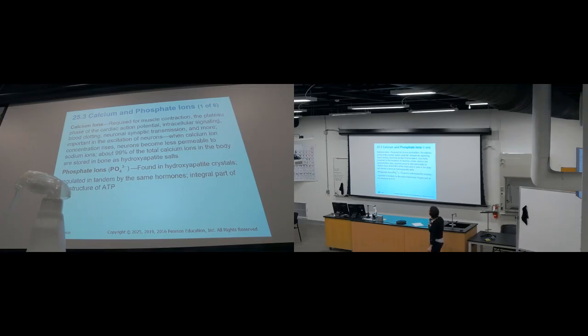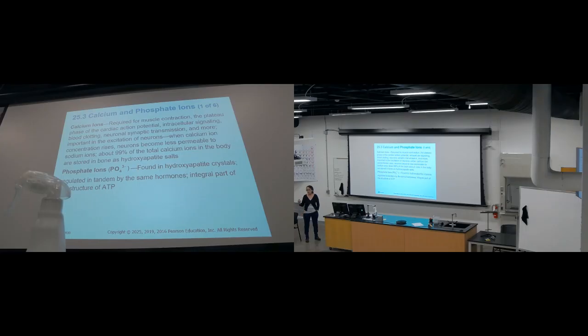Another function of calcium in our body is helping to maintain intracellular signaling. There are certain enzymes that require calcium, or cascades of signals that require calcium for that to take place. It also helps with the release of neurotransmitters.